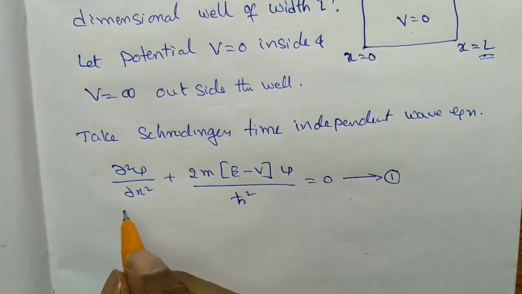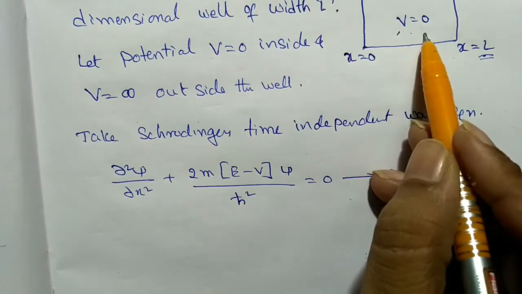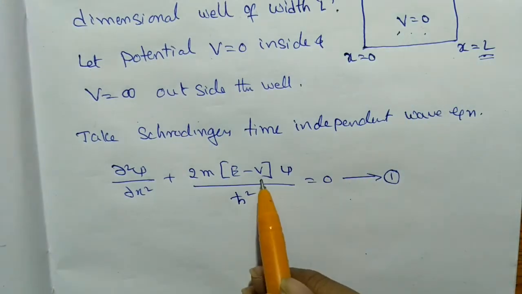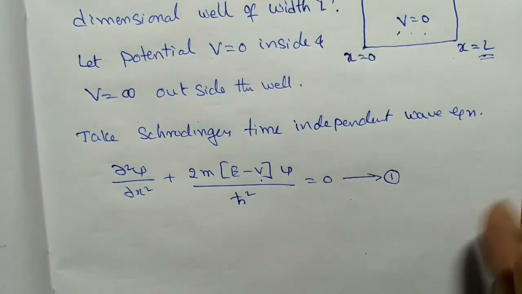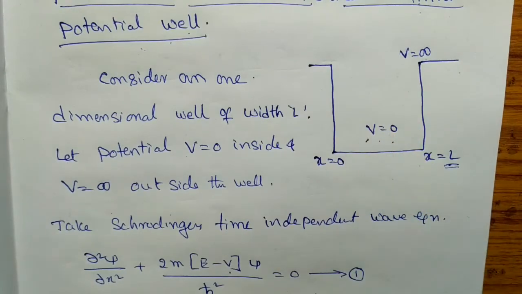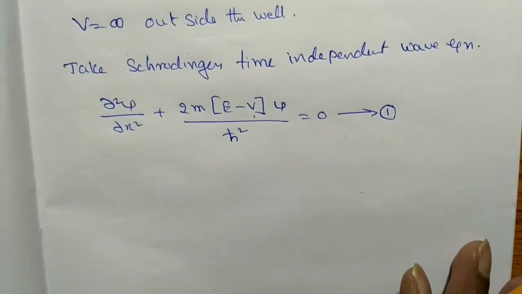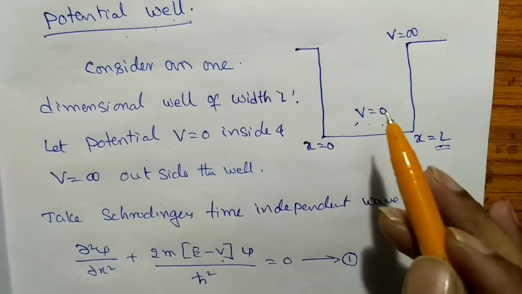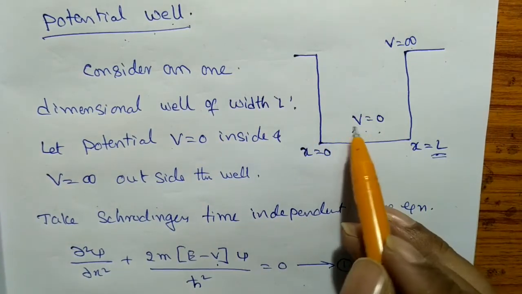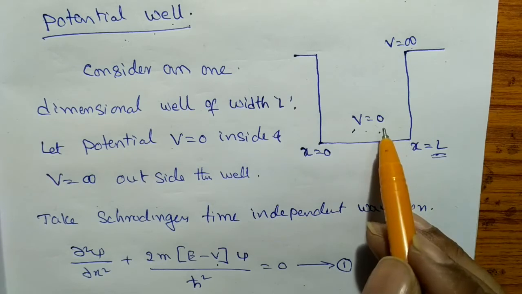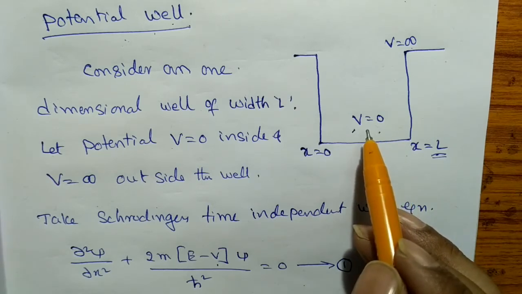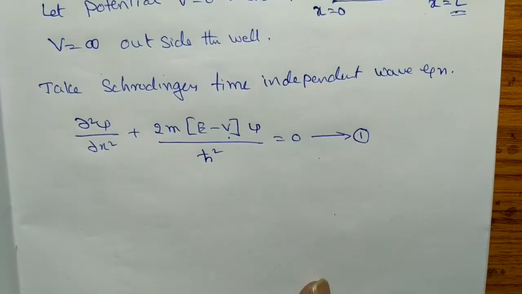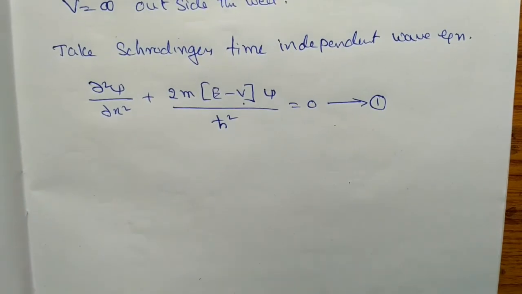Now apply V is equal to 0 to this equation. Suppose the particle is inside the potential well, then what happens? Actually the particle develops energy levels, those are allowed energy levels and forbidden energy levels. Let us find out.